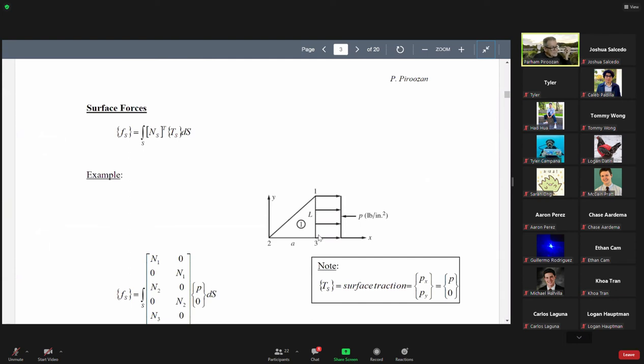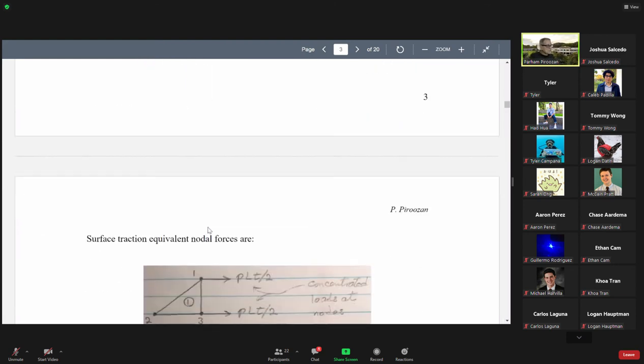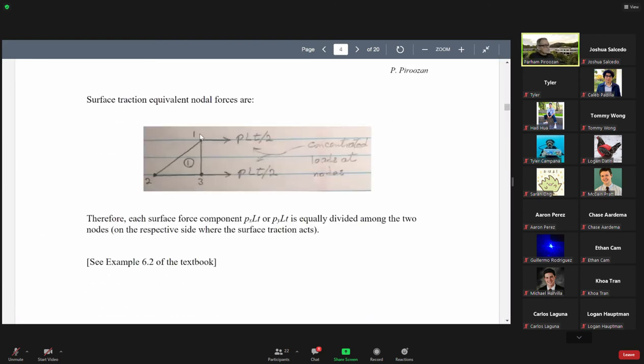LT is the area of this cross section times P is total force. Half goes to each node. So PLT over 2 means half of the total force that we are applying on this side will go to each of these nodes.